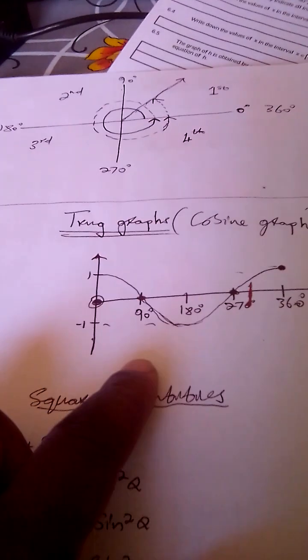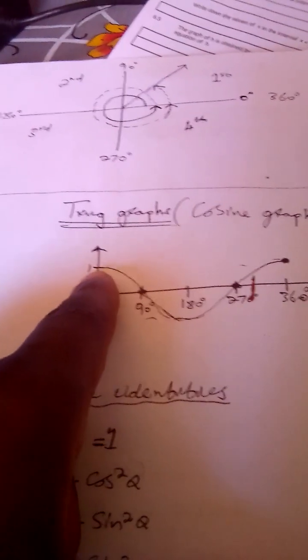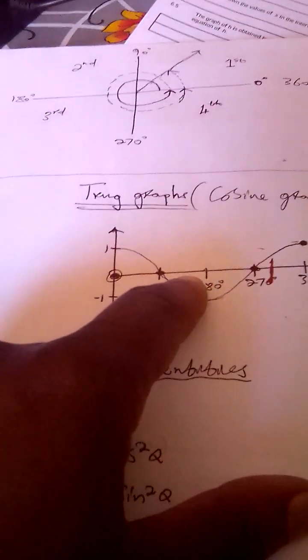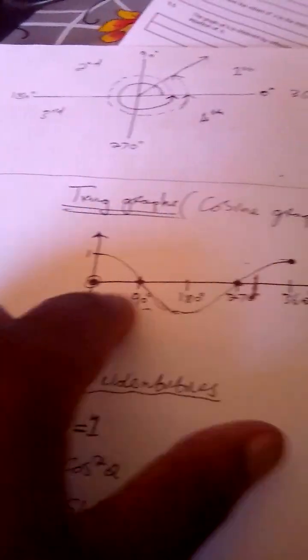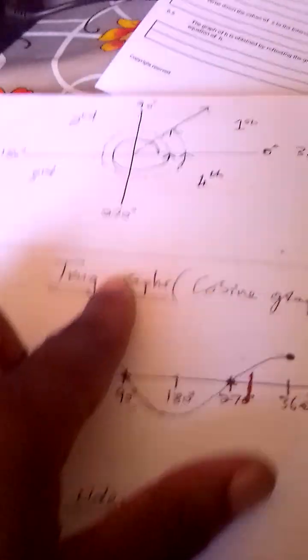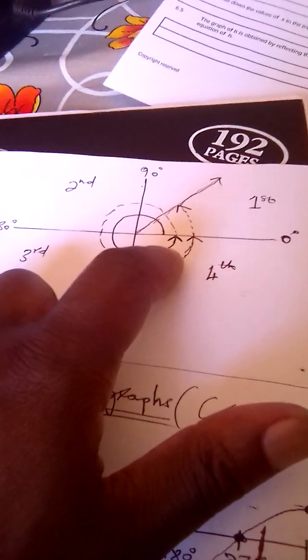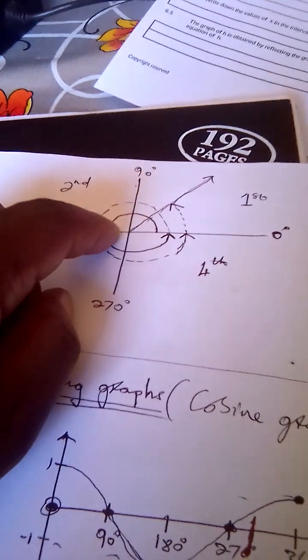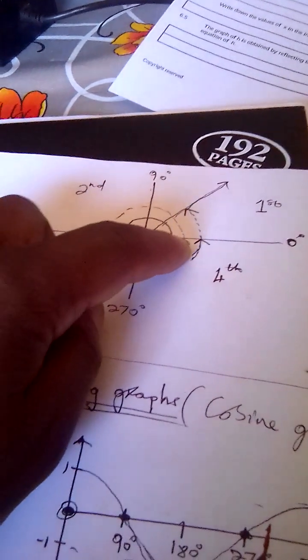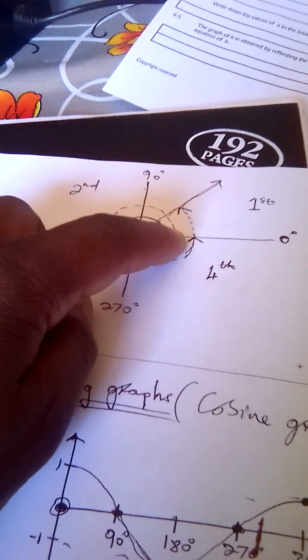We call these square identities. This is a cosine graph, but I'll explain how to use graphs to answer certain questions when we answer questions. Even for this one, if you start from 0 and do one revolution, it becomes 360 here.